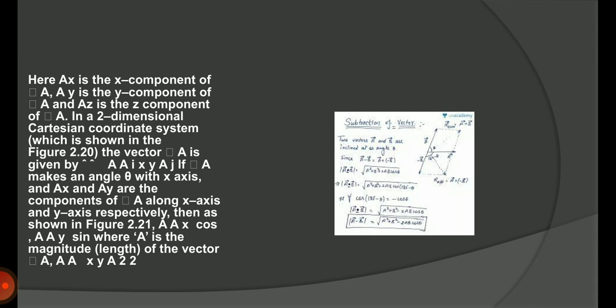Here, Ax is the x component of A, Ay is the y component of A, Az is the z component of A. In a two-dimensional Cartesian coordinate system, the vector A is given by Ax i plus Ay j. If A makes an angle theta with the x-axis, and Ax, Ay are the components of A along the x and y axes respectively, then the magnitude of the vector A is the square root of Ax squared plus Ay squared.